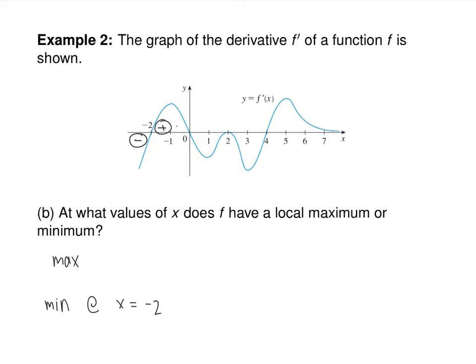You went plus on this side, and negative on the other. So if you go from positive to negative, you go up and down, that means you have a max. Is there anything at 2? Nope. Not at x equals 2. How about x equals 4? It's a min.